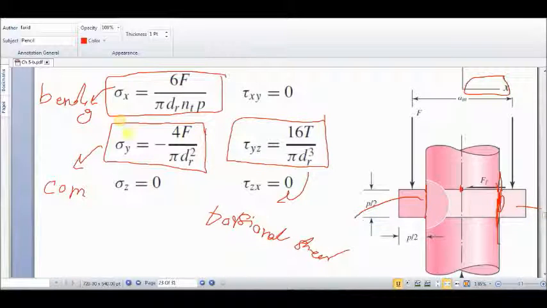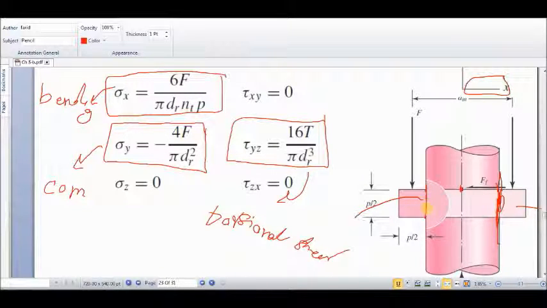So three stresses: one bending stress, one compressive stress, and another one shear stress at the location of the root of a thread. So first we have to find these three main stresses at this critical location.